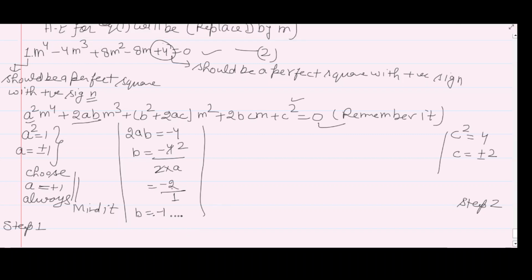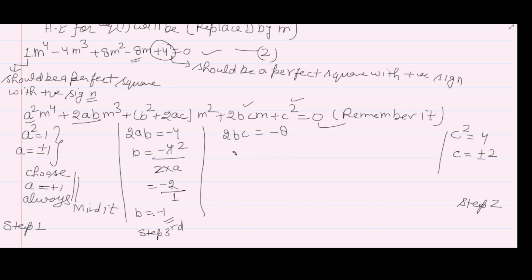Okay, now this value of b, this is step 3rd. This value of b will be verified by the value of 2bc, that is equal to minus 8, the coefficient of m.